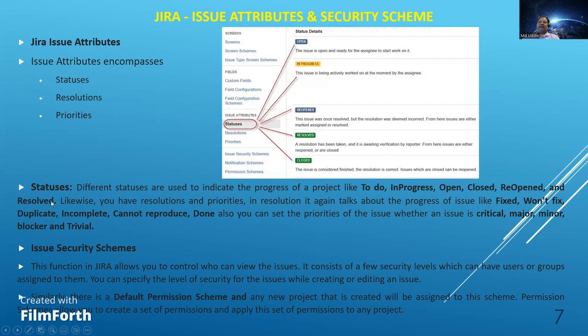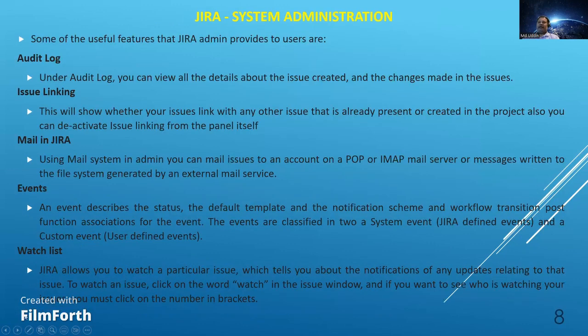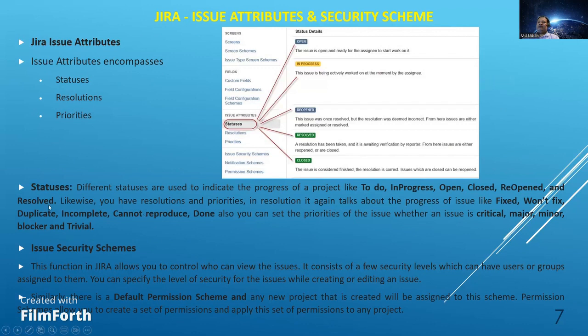Open, closed, reopen, and resolved. Those are the bug life cycle, right? As a status: in progress, open, reopen, resolve, and close or complete. So it's the same thing. It's like different naming in different tools.